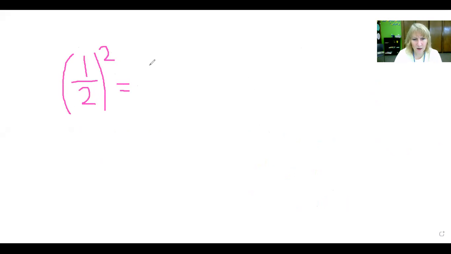Well, I do 1/2, the base, times itself twice. So it's 1/2 times 1/2, which equals 1/4. So the answer to 1/2 to the second power, another way of saying it is 1/2 squared, is equal to 1/4.